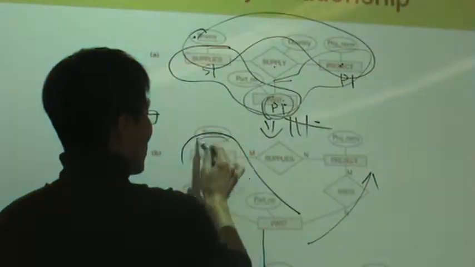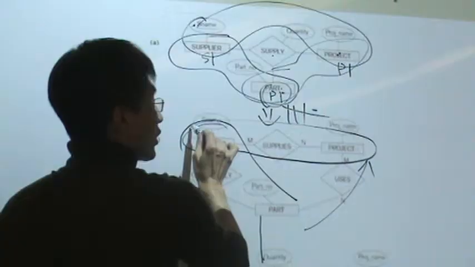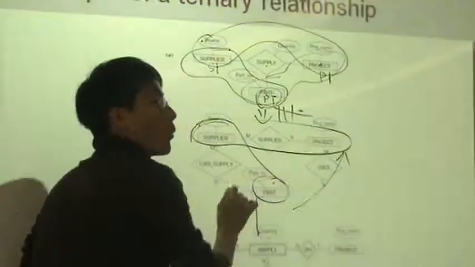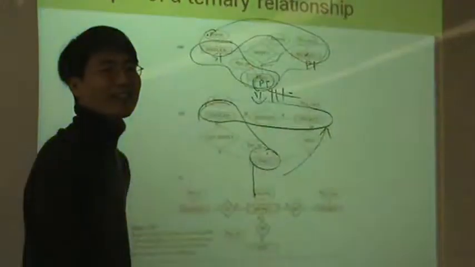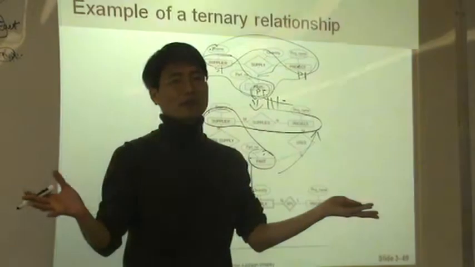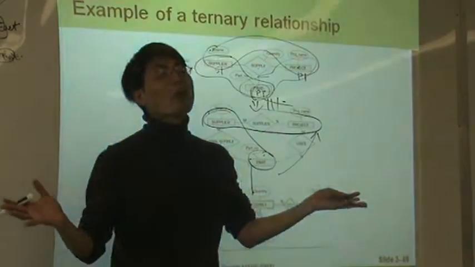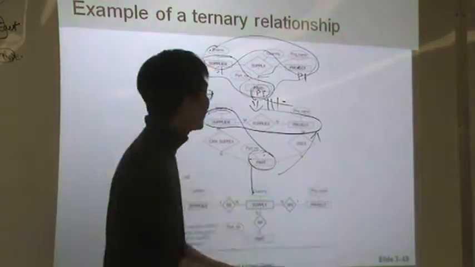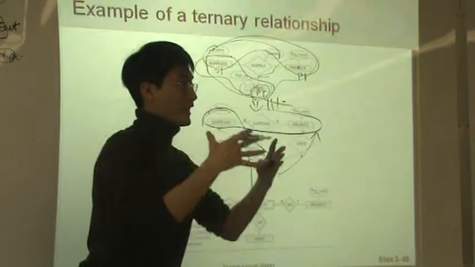Then some of them can be used, the others are not. It can also be that a supplier supplies the project, but sometimes with no part. So this one is liberal. You can have more information. But this is very strict.